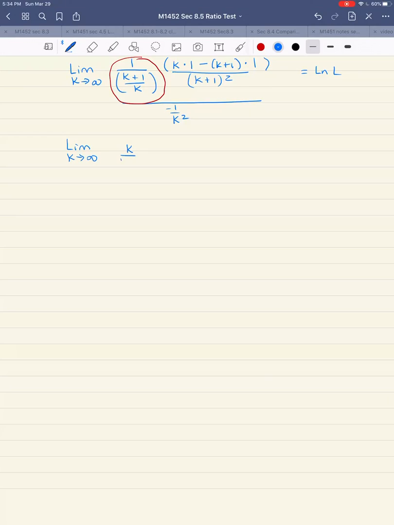So firstly, this thing simplifies to k over k plus 1. Inside here, I have a k minus k, minus 1. So I get a minus 1 over k plus 1 squared. Then I'm dividing by this. To divide by that, we'll flip it over and multiply.